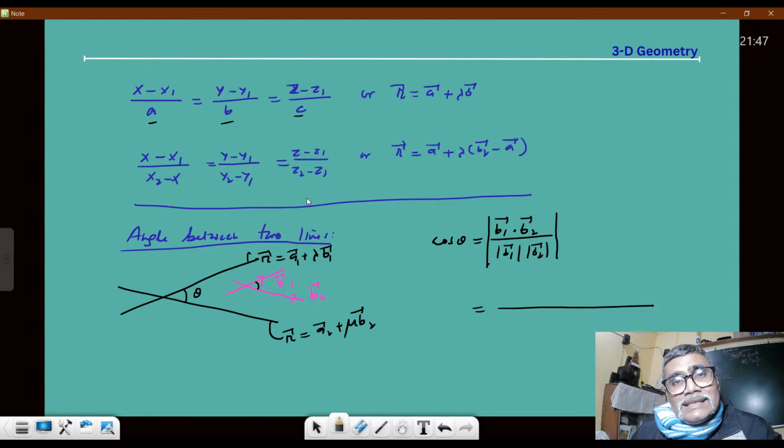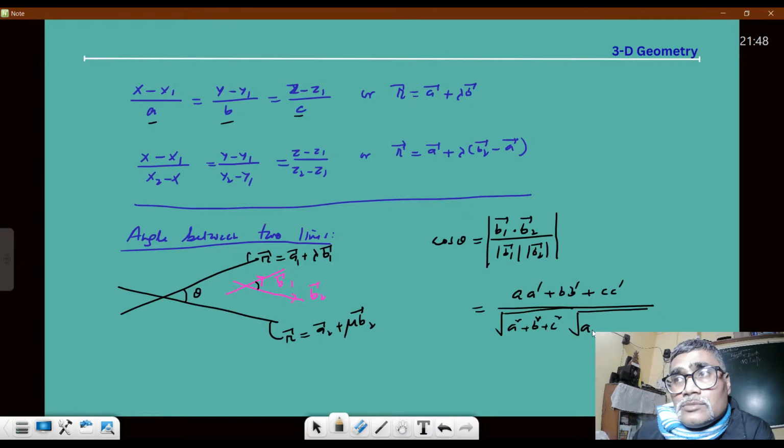For the other line, I'll consider this as a dash, b dash, c dash. So the numerator will be a a dash plus b b dash plus c c dash. And below it is the square root of a square plus b square plus c square, whole into the root of a dash square plus b dash square plus c dash square. So this is the angle expression for you.